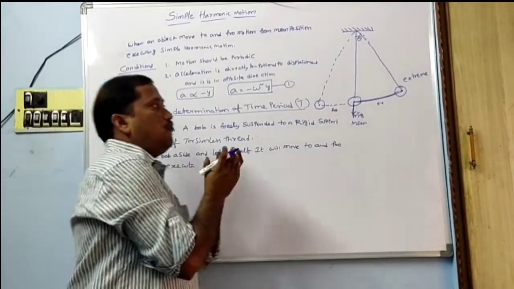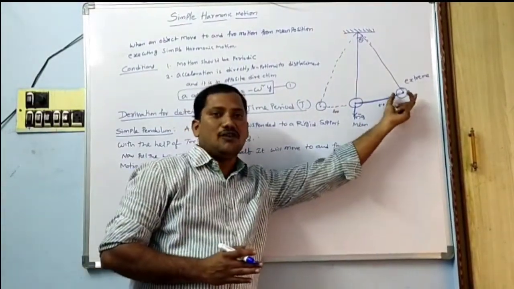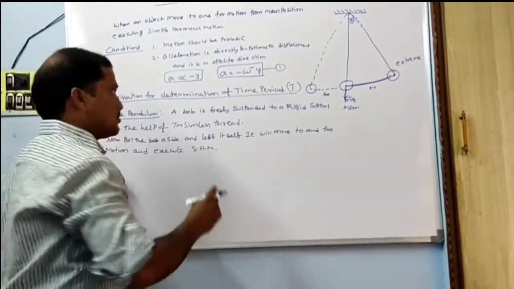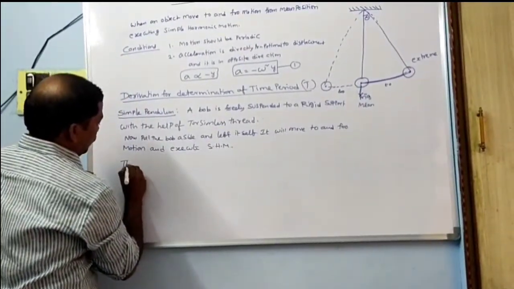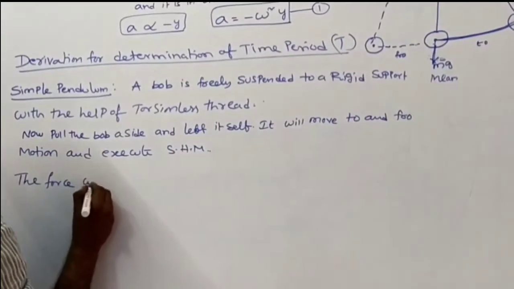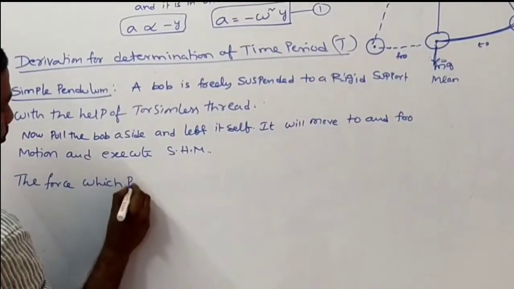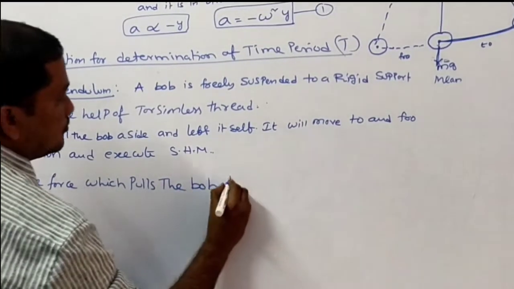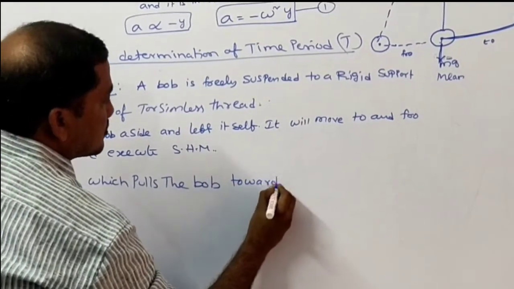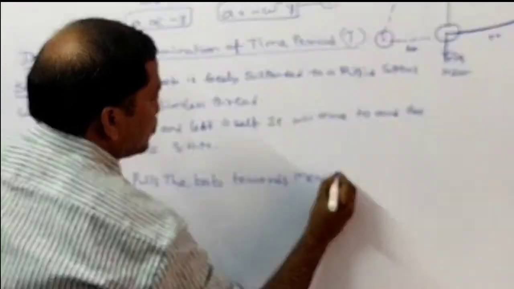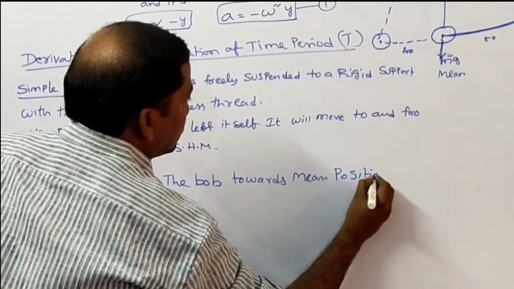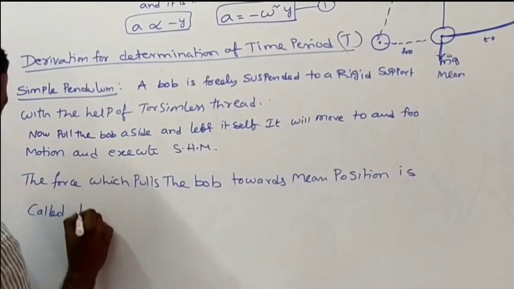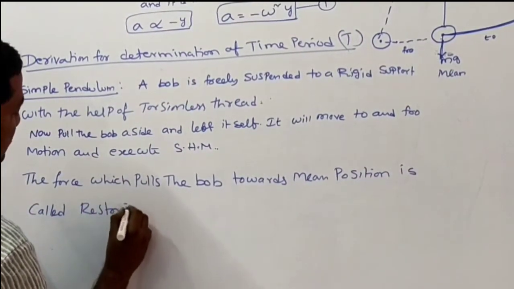The force which pulls the bob from the extreme to the mean position we call the restoring force. You can write here: the force which pulls the bob towards the mean position is called the restoring force.